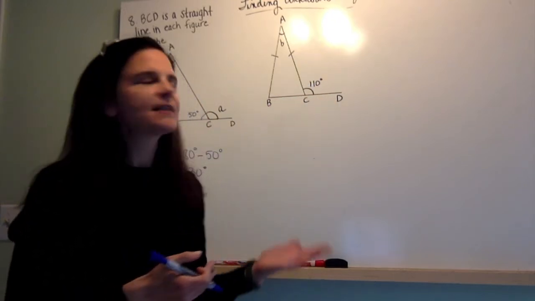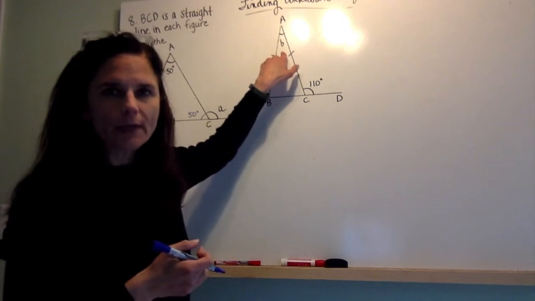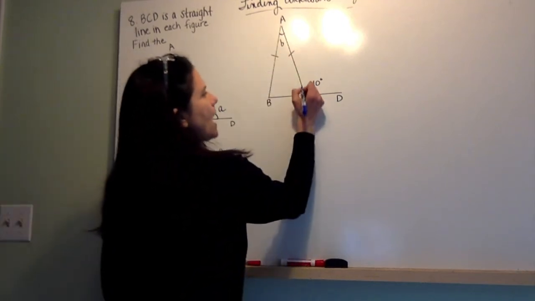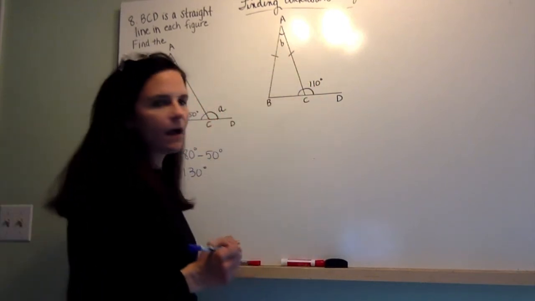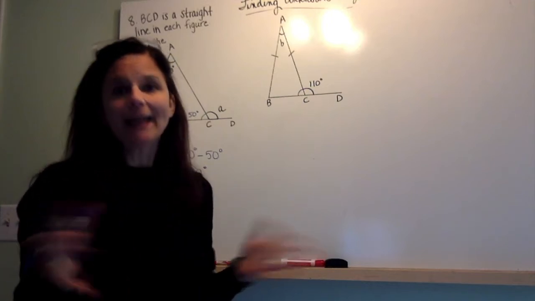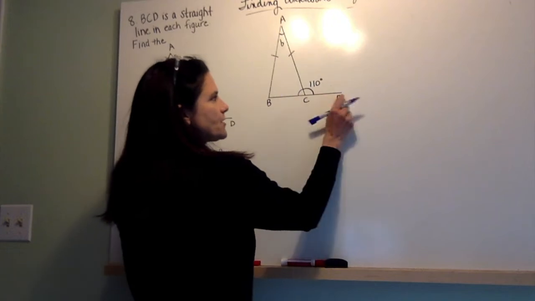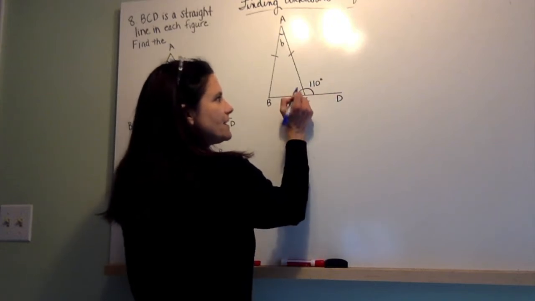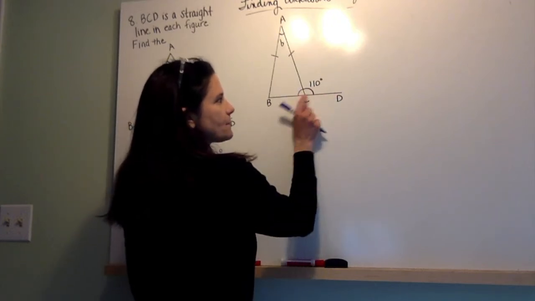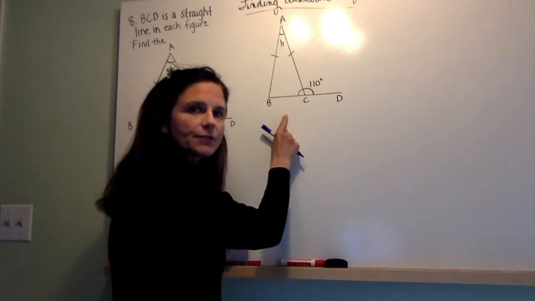So how can we use that to eventually find out what angle B is? Well, again, I know that all of the angles along a straight line add up to be 180 degrees. So here's my straight line. I can get this angle by subtracting 110 from 180 degrees.